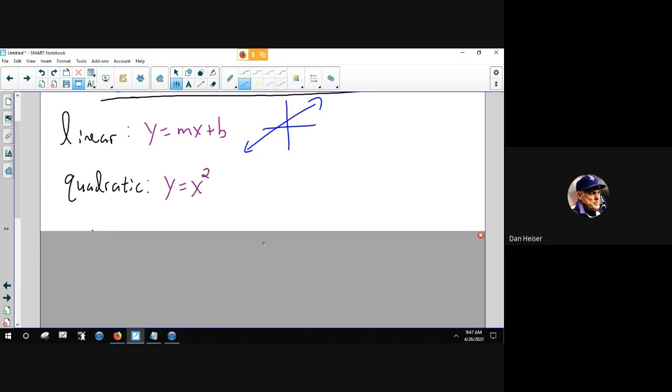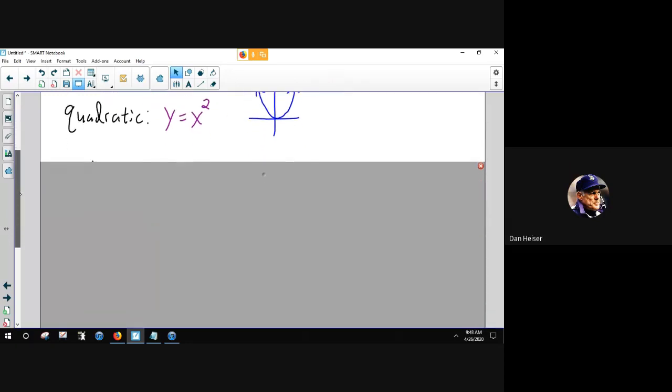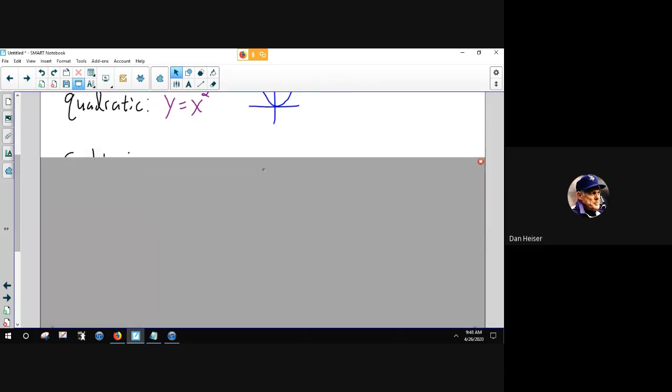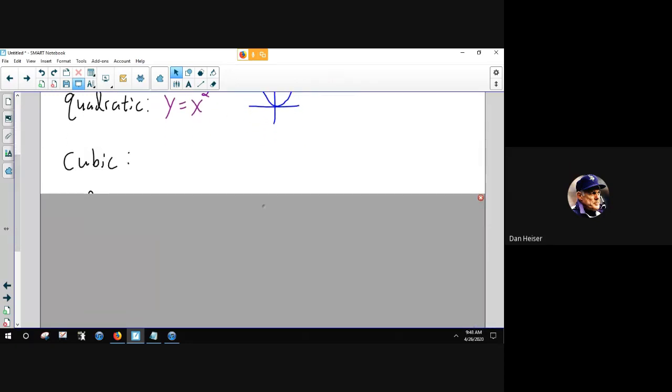Your favorite quadratic is going to be y equals x squared. And there we have that one. These two should already be in your memory. If not, they need to go there ASAP. Cubic. Probably learned this in Algebra 2. What a cubic function looks like.